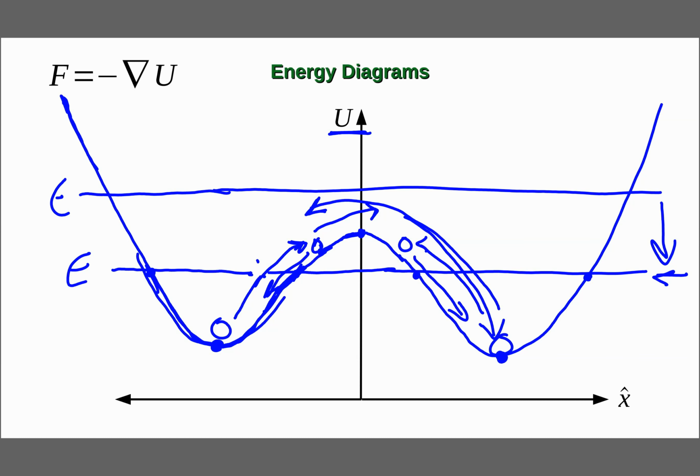But if I don't give it enough energy to escape the well, then the forces on the object around this stable equilibrium point will always push it back toward the equilibrium point.